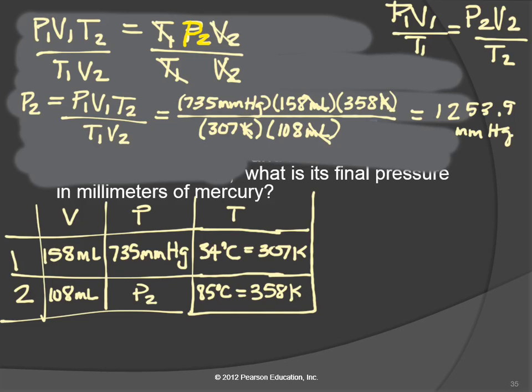Anybody else get that number? All of the numbers that we're dealing with here have 3 sig figs, so we should round this. And so that's going to end up being 1.25 times 10 to the third millimeters of mercury, rounded off.